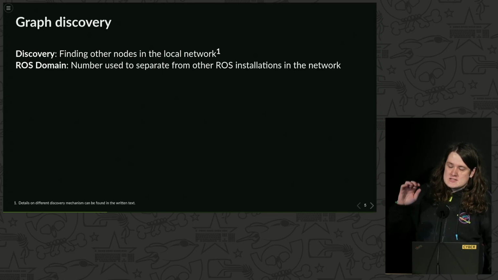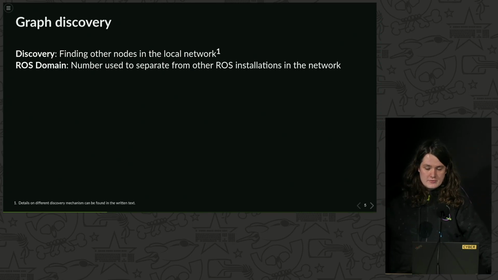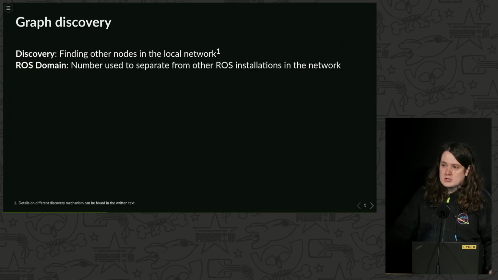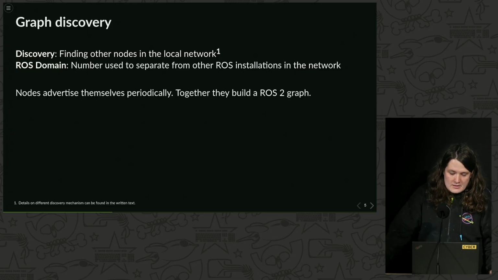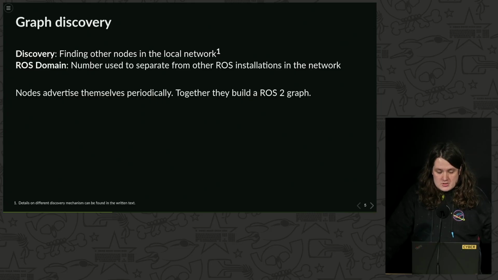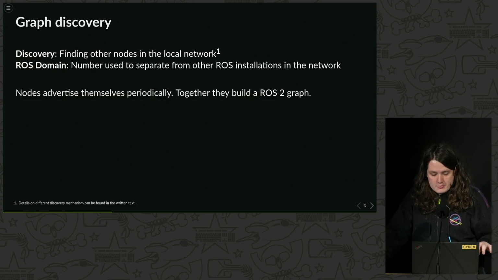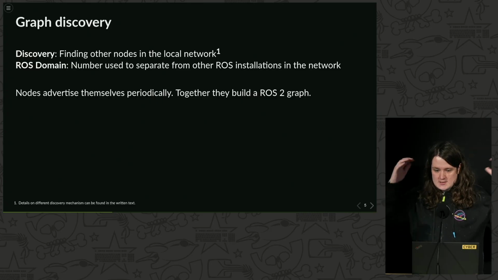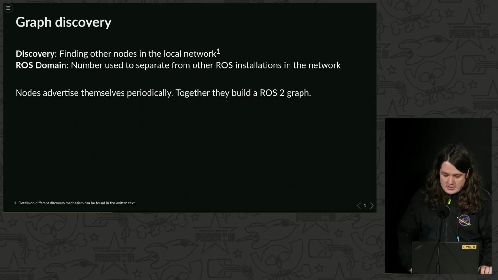And if you have multiple ROS instances on the same network, you can also split them into different ROS domains. So each node only sees the nodes in the same ROS domain. Now the nodes advertise themselves periodically, and together they all build the ROS 2 graph. This is just the instance of all nodes that talk to each other.